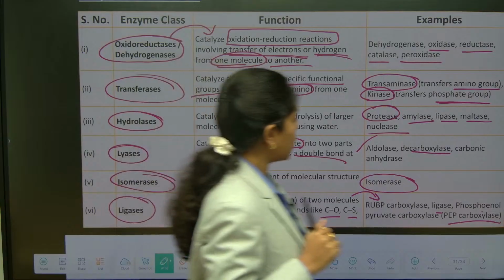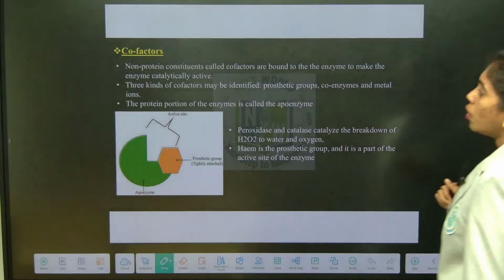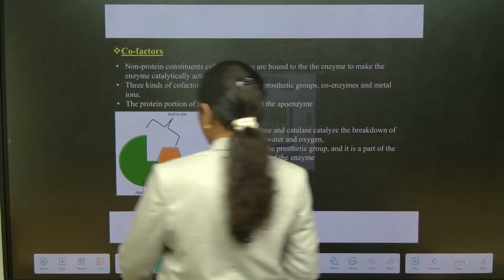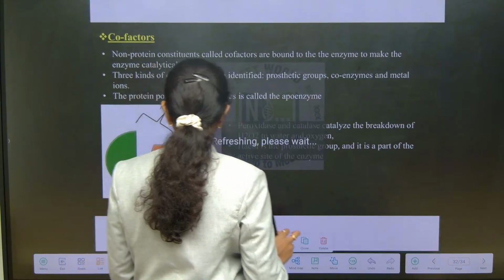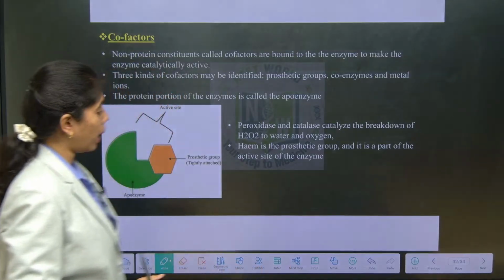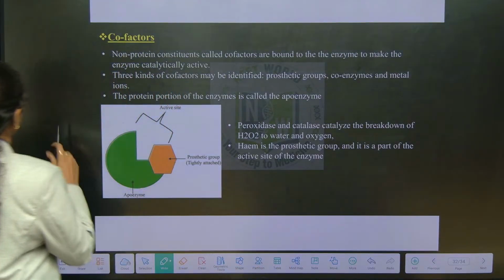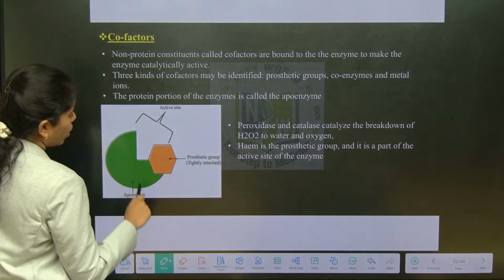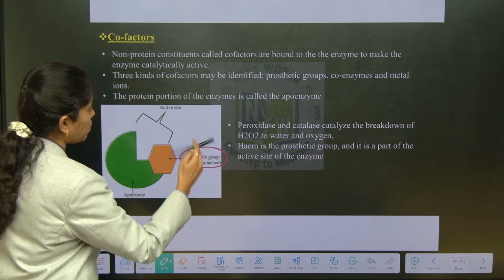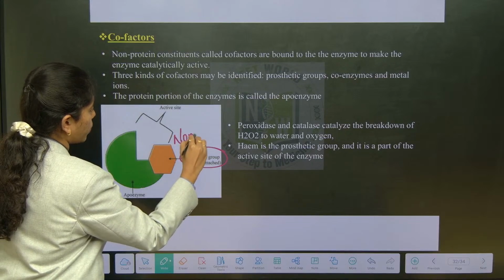Next is cofactors. What are cofactors? Usually a functional enzyme will have both a protein part and a non-protein part. The non-protein part of the enzyme is addressed as the prosthetic group.